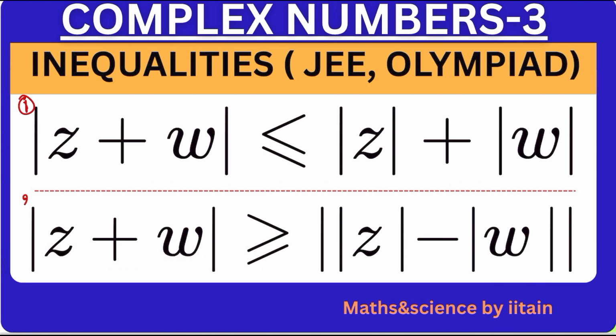The second inequality we are going to discuss is modulus of Z plus W is greater than or equal to the modulus of modulus of Z minus modulus of W.